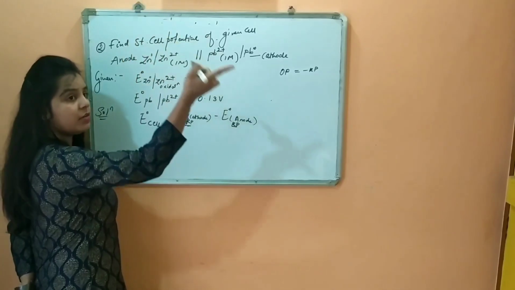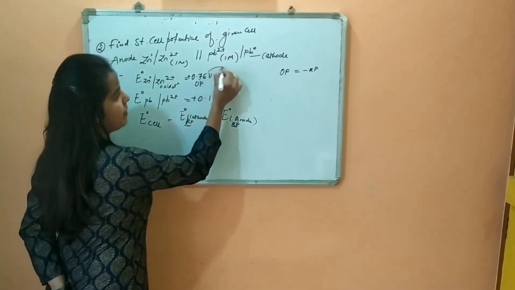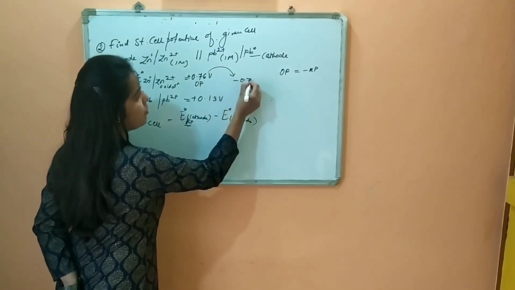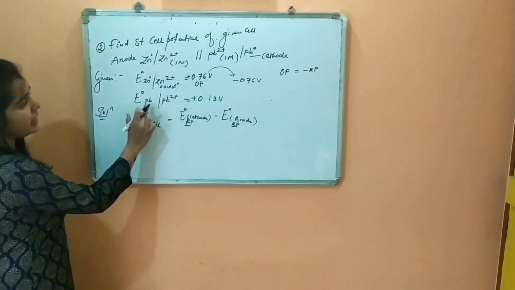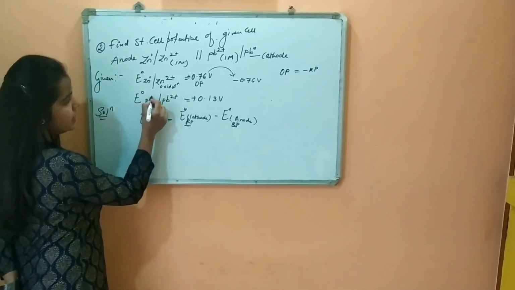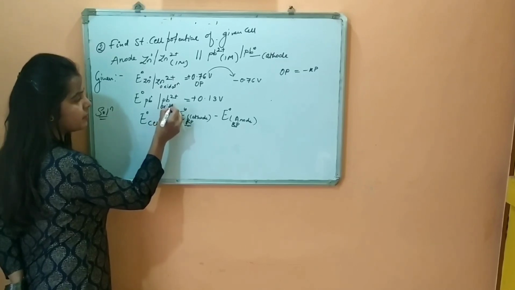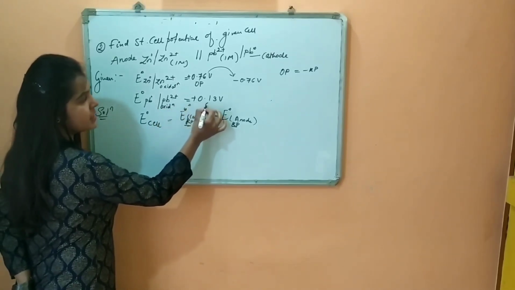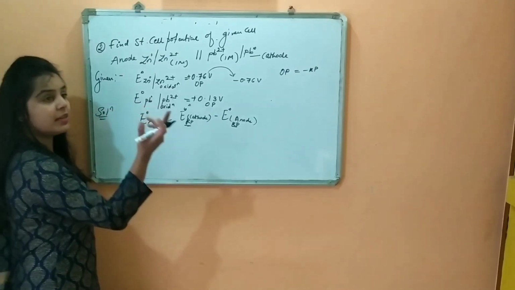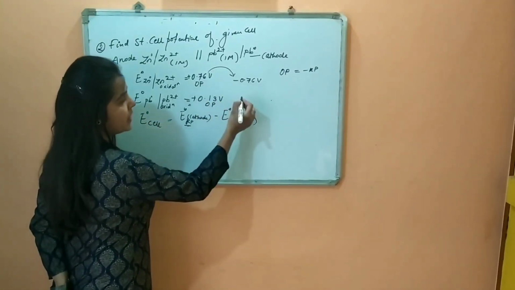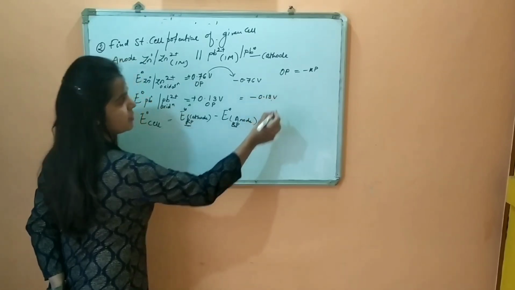We have to convert it into reduction potential, which will be minus 0.76 volts now. Similarly, here also, 0 to 2 plus state, it is oxidation. The potential measured is oxidation potential. But we require reduction potential. So it can be written as minus of 0.13 volts.